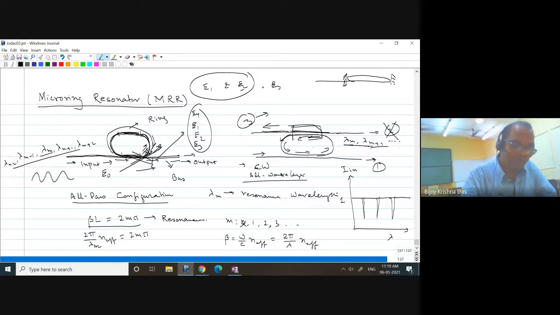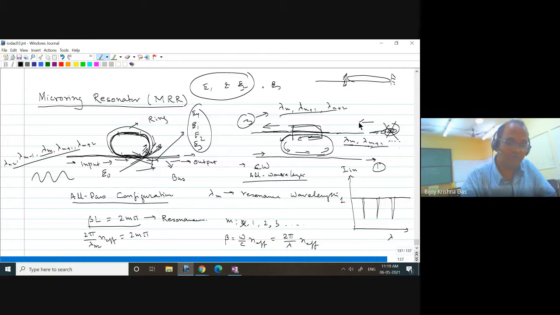And this device, what is it doing? It is separating lambda m's, lambda m, lambda m plus 1. So these wavelengths, basically it can separate. So from all wavelengths, I'm dropping these. But suppose, instead, there is no output access, because there is no output here.